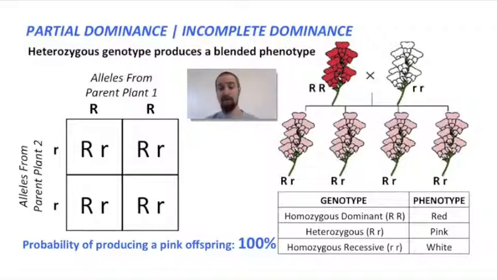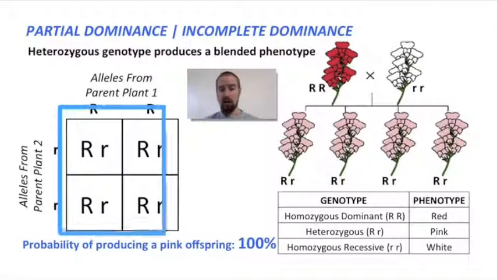In this scenario, a heterozygous genotype produces a phenotype that is kind of a blend of both the dominant and the recessive phenotype. In the case of certain flowers, if we take a homozygous dominant red-flowered plant, which has two dominant red alleles, and cross this plant with a homozygous recessive white-flowered plant, which has two recessive white alleles, we find that this cross produces only pink-flowered offspring.